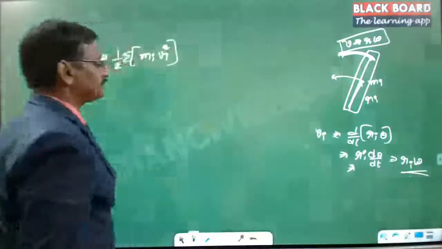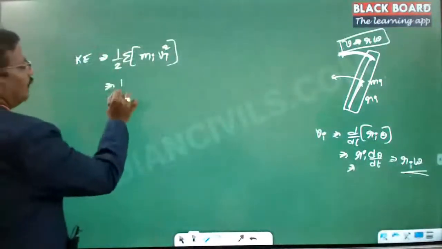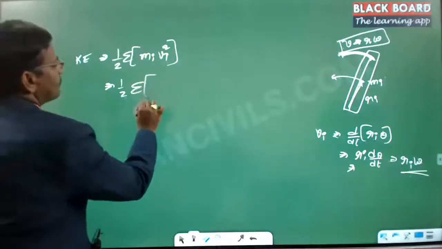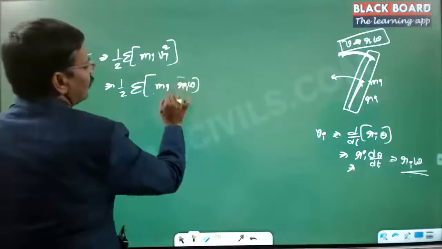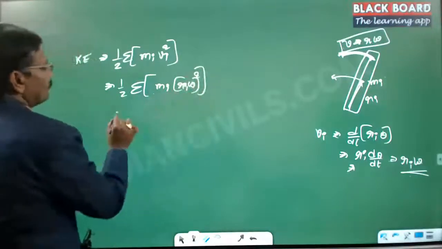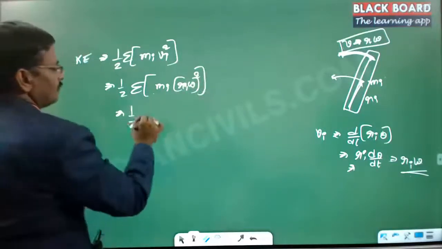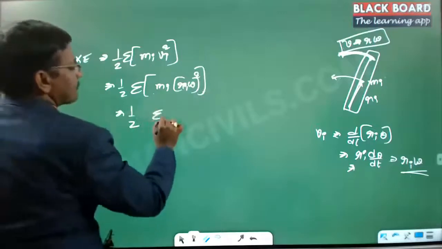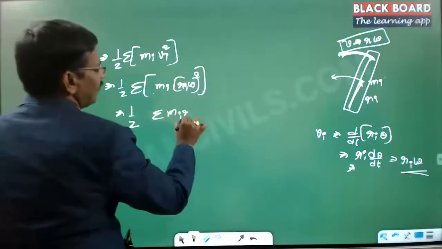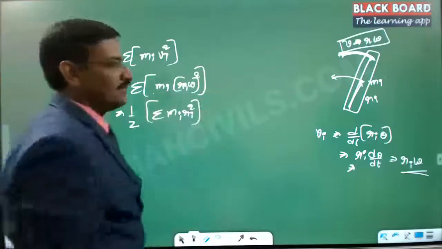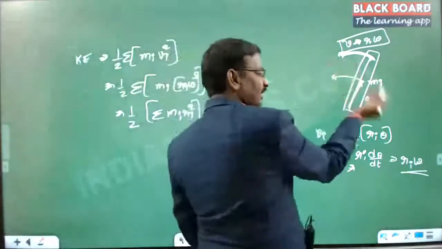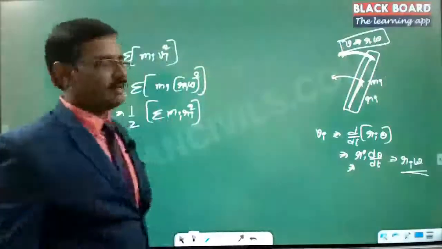Now we have half into sigma m_i into r_i omega whole square. So this is half sigma m_i r_i square. Omega is the same for every particle, because every particle is moving through the same angle; d theta/dt is the same everywhere.